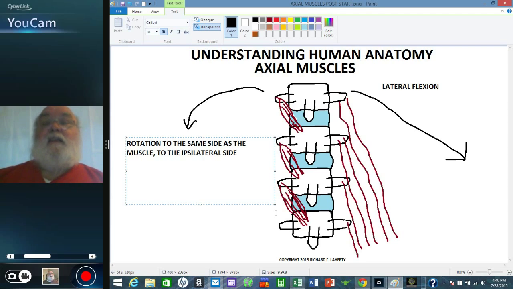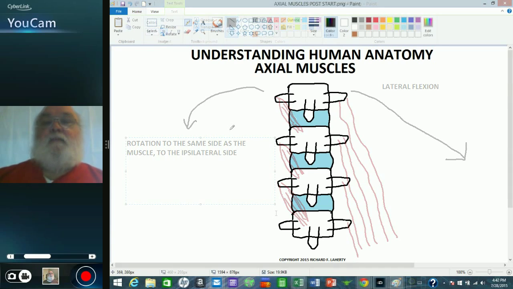Okay. Again, although I haven't drawn them in, if we drew in these same muscles on the other side and they acted together, left and right, they will still extend the spine. But acting individually, they cause rotation of the spine.